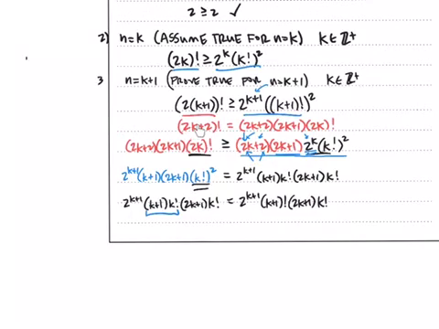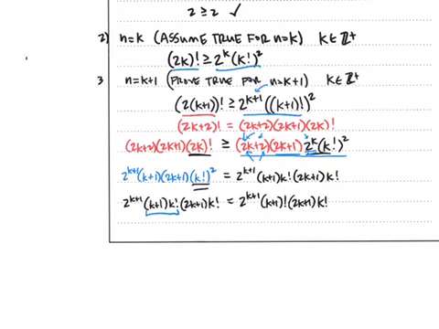I've just taken what's on the left side, this expression, and I've just continued to show through a string of equalities and inequalities that currently, right now, this is greater than or equal to this. Okay, and I'm going to somehow relate it back to this in the next step.